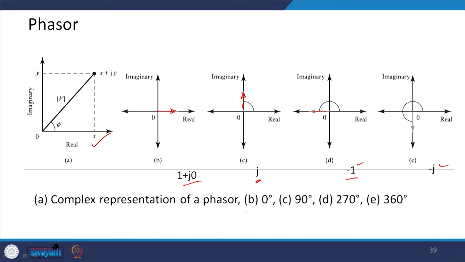So, here you can say that if the angle is 0, then this is this one. When we are turning it by 90 degrees, we are getting this one. So, we are moving from the real to imaginary if we turn by 90 degrees, or imaginary to real. So, as we have seen, x is sin omega t.